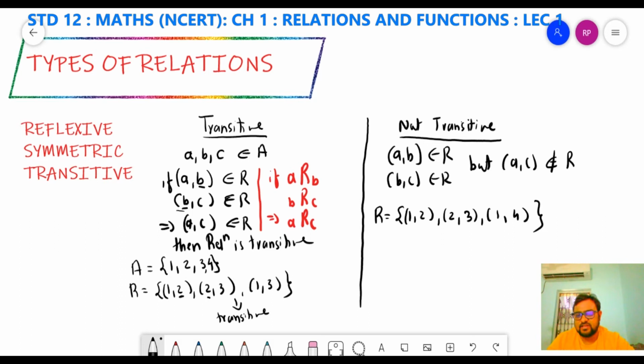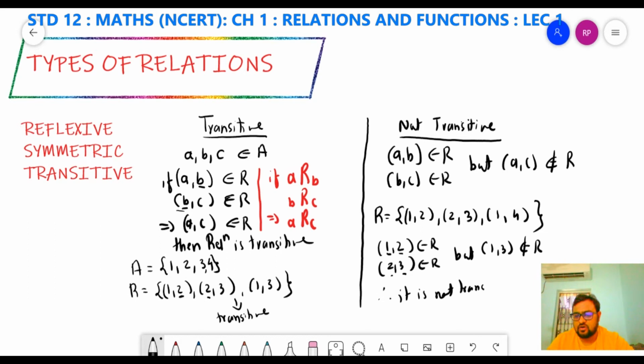Now see here, in this case, you can see that (1, 2) belongs to R, (2, 3) belongs to R, but (1, 3) does not belong to R, therefore it is not transitive. Clear? Okay, so this was about transitive.